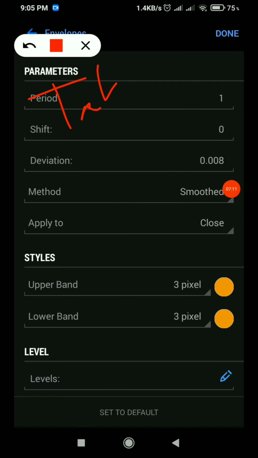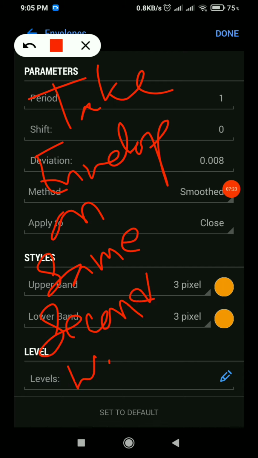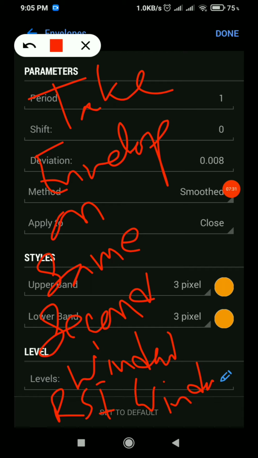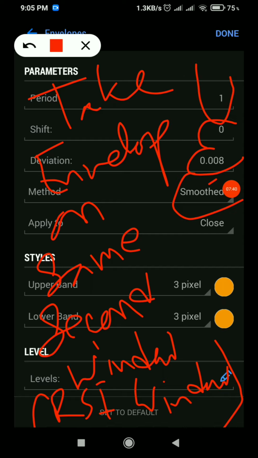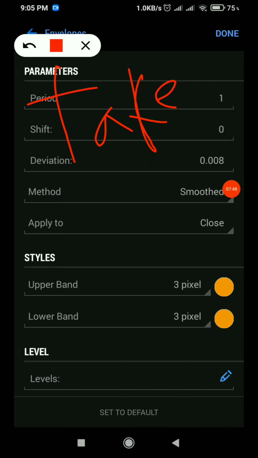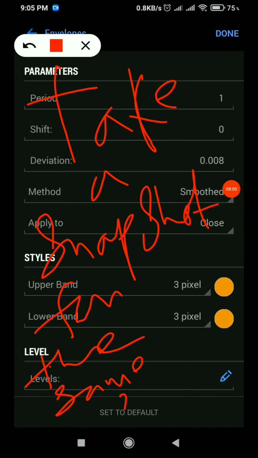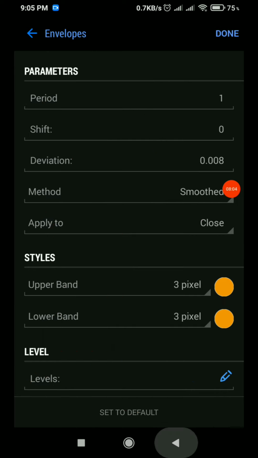And on the same second window you have to take an envelope, and the setting will be period 1, deviation 0.008, smooth, apply to close, orange color. You had better take snapshots of the screen to set it up correctly.